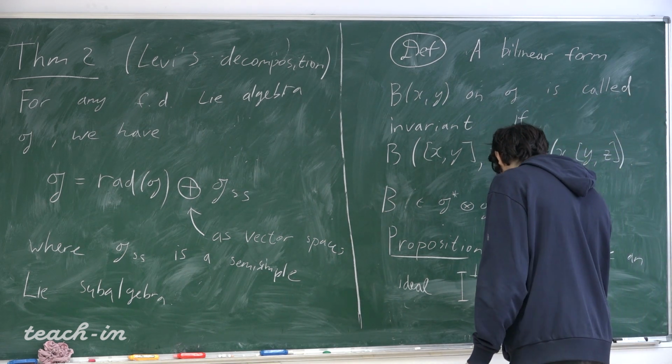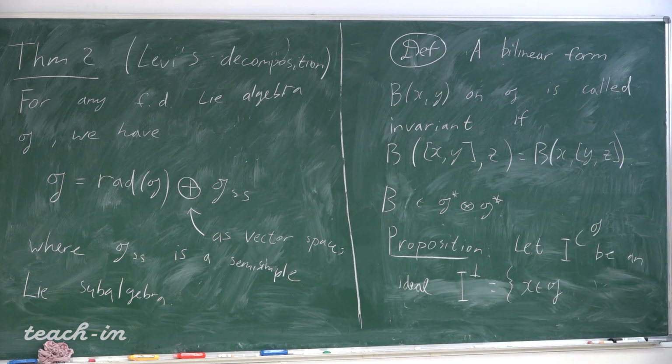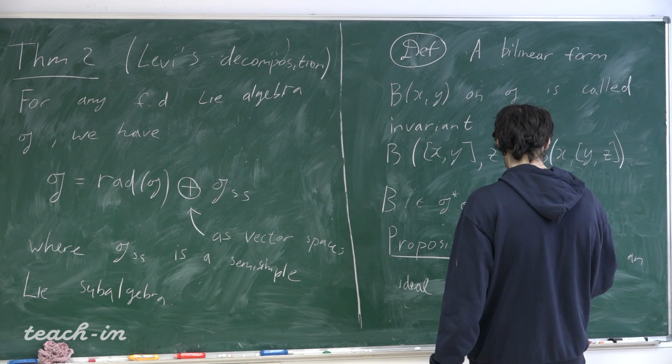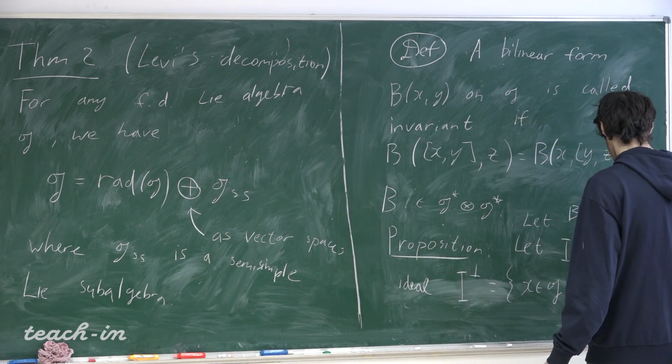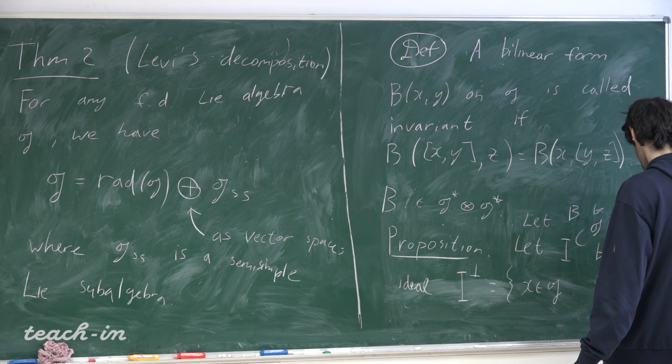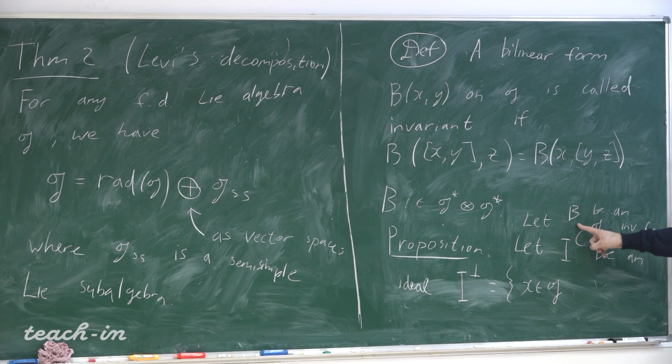This is all elements orthogonal with respect to what inner product? Yes, with respect to B. So let I be an ideal, and let B be an invariant form, I should say, right? Then the orthogonal complement with respect to B.